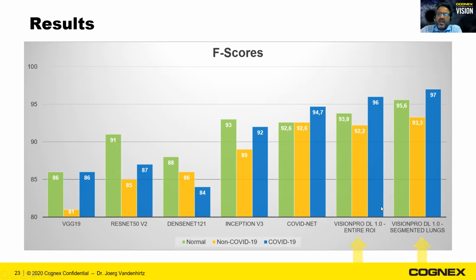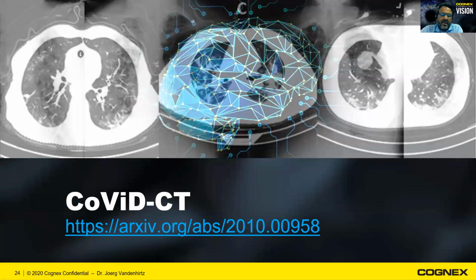You can really see that the COGNEX deep learning F-scores are much better over all the three classes, and especially the one where we first segmented the lungs and then did the classification is even better than the end-to-end approach on the entire ROI. So that means that especially in the interesting COVID class, COGNEX performs much better than the other networks tested.